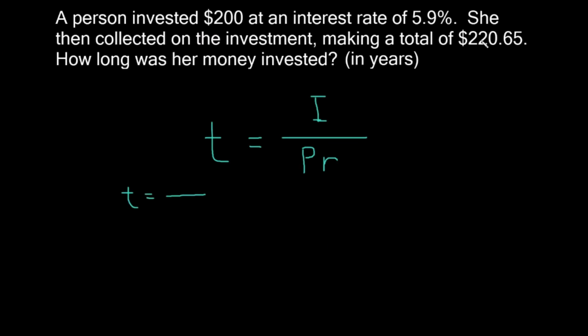We know 220.65 minus 200 would give us the interest. That's pretty simple. That's just $20.65, because $220.65 minus $200 is $20.65. What's the principal? The principal amount was 200.